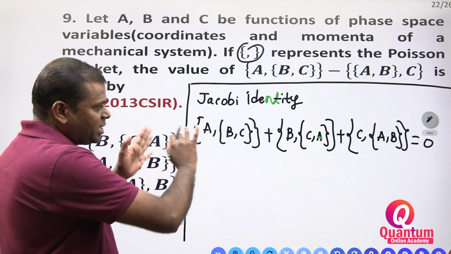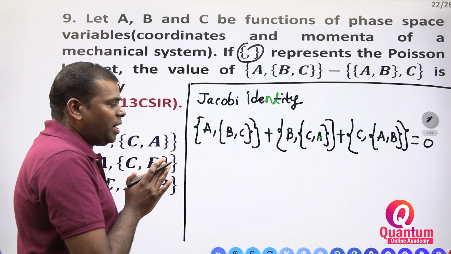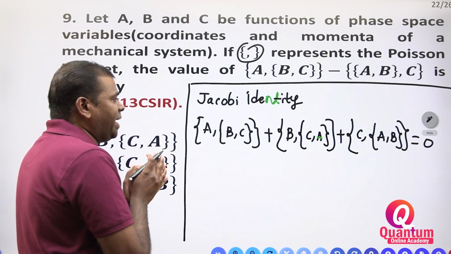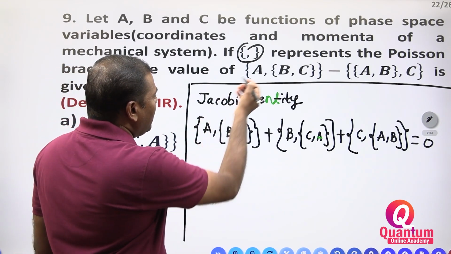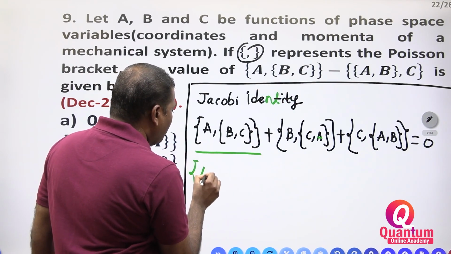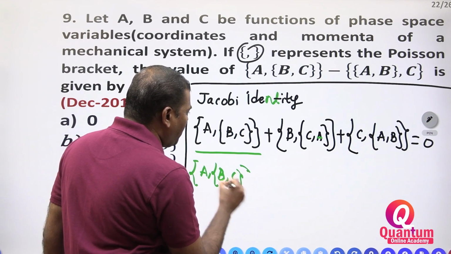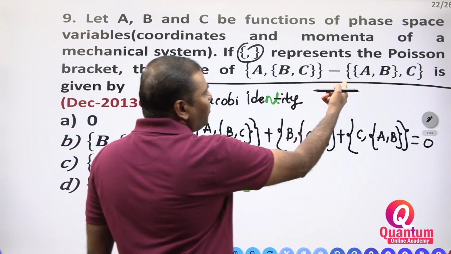Now, this is which one? Jacobi identity, right? From this Jacobi identity, what we have to get? A comma B comma C as it is, as it is you have to write. Poisson bracket of A comma B comma C. There, what is there?